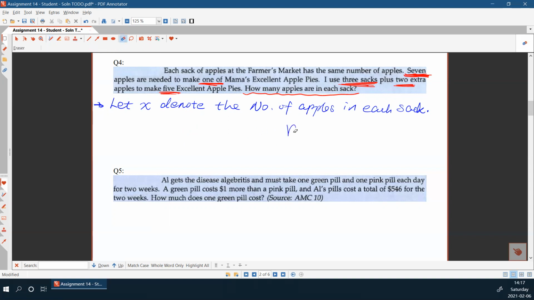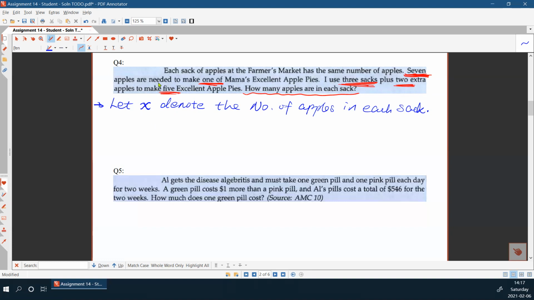So my suggestion is to write this sentence in front of all the solutions to make the X clear, okay? In this way, the readers really know what X is. So here we use X to denote the number of apples in each sack.